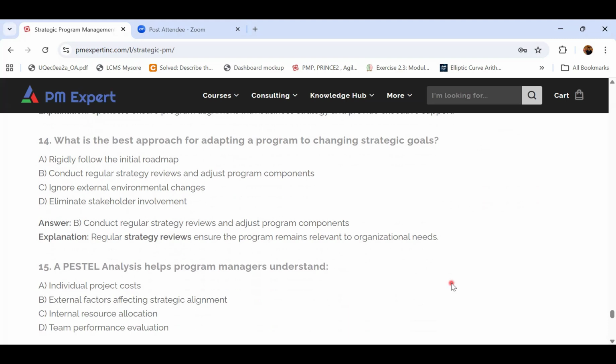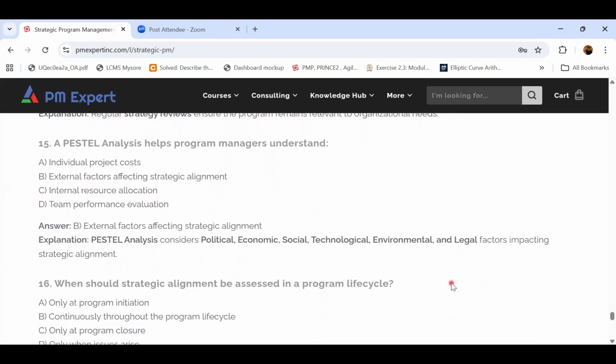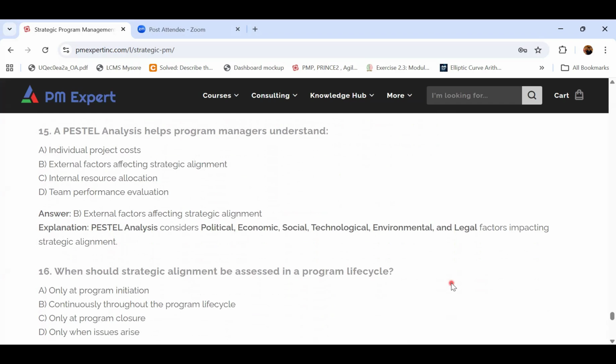Bravo, right? It's external factors. When should strategic alignment be assessed in a program life cycle? How frequently, right? Should it be on a regular basis? Again, B. Yes.